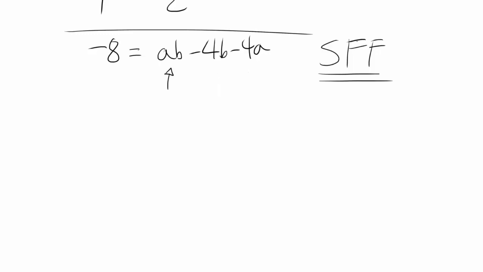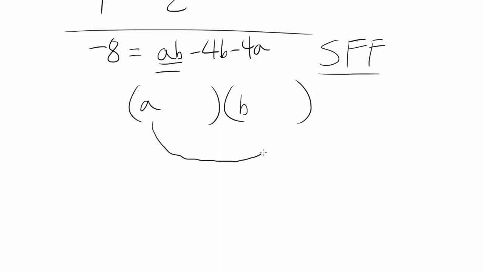And how do we factor it? Let me show you. So you know you have to get AB somehow, so there has to be A on one side and B on the other side. Now if you think about foiling this expression, when you multiply this value by A, you want to get negative 4A. So this value has to be negative 4. And using the same logic, this value when multiplied by B should get you negative 4B.